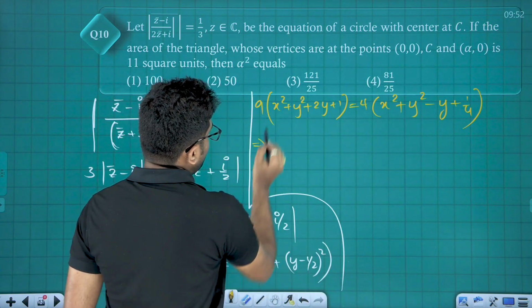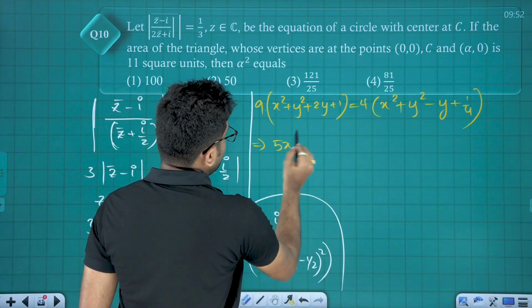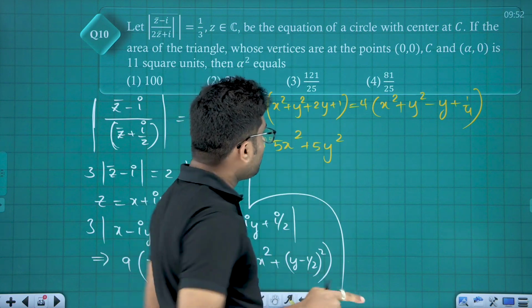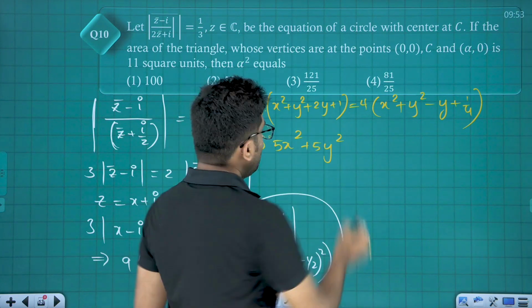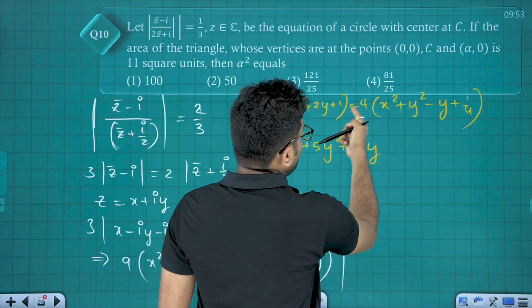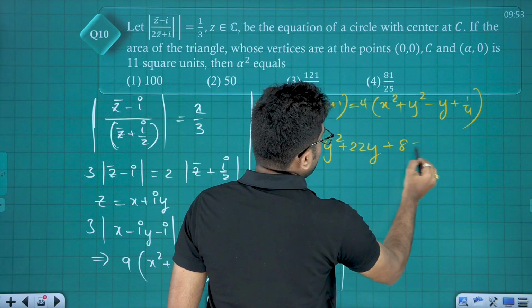So finally we get 9x square minus 4x square is 5x square plus 5y square. 9 2s are 18y, 18 plus 4, 22y. 9 1s are 9, 9 minus 1 plus 8 is equal to 0.